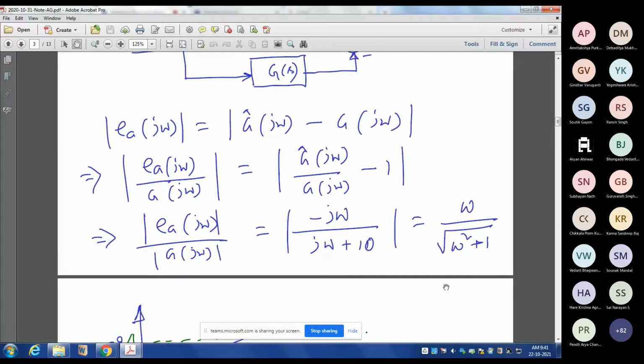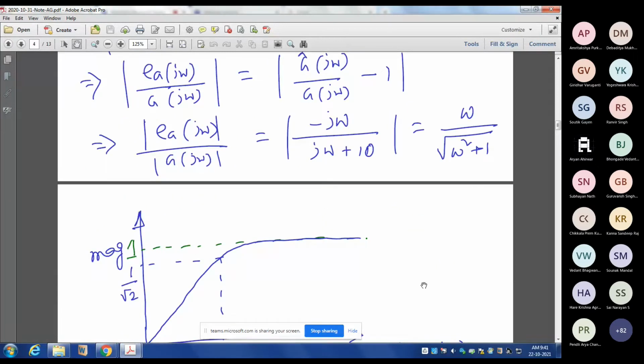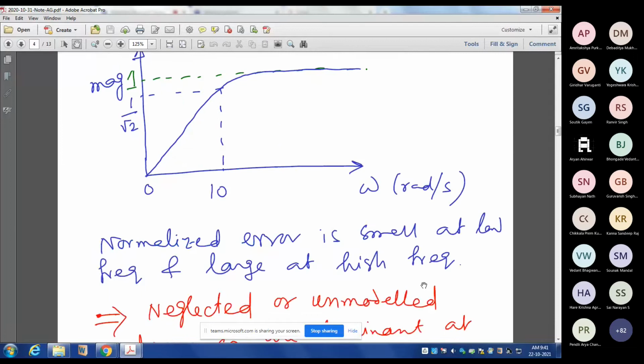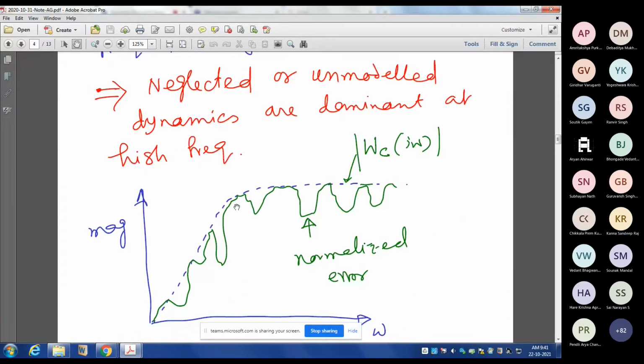It may have many zeros, many poles, so it may look like this. We'll see such haphazard plots of normalized errors soon in an example. Your normalized error plot is like this.